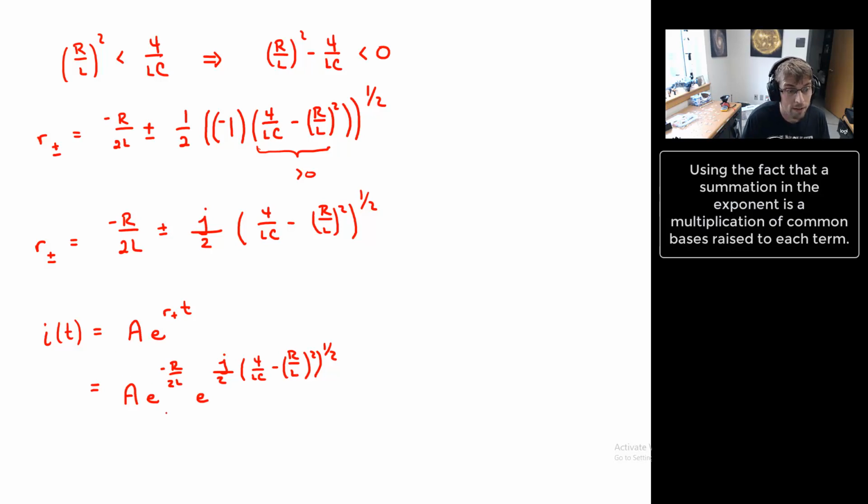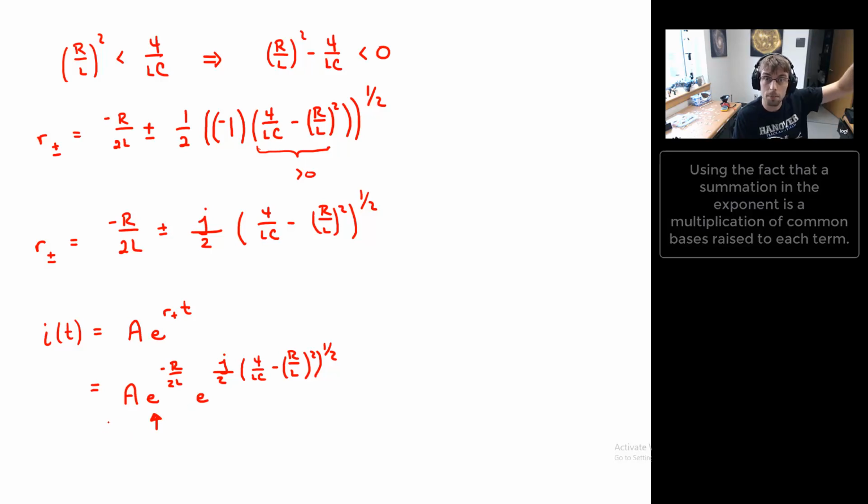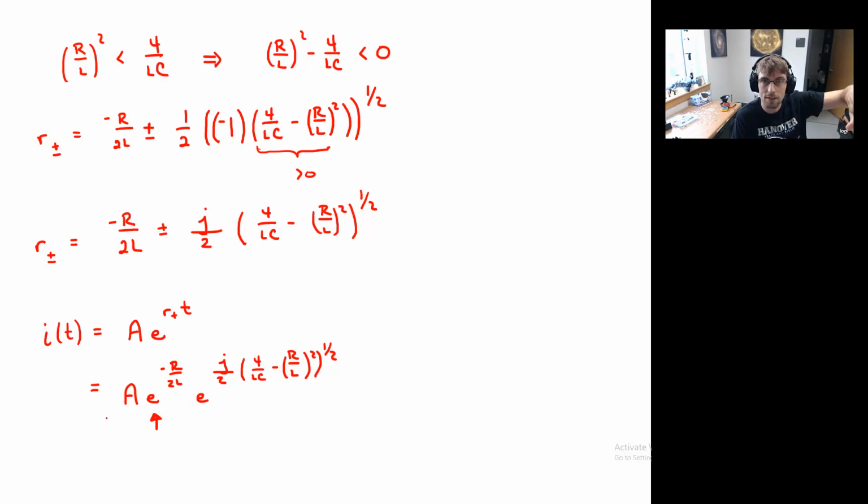So what do I have at the end of the day? I have a combination of two effects. The first one is an exponential decay with that time constant, R over L. The second factor, because of Euler's relation, represents some sort of oscillatory term.